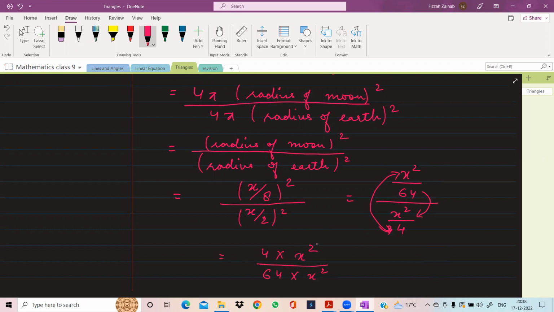So x square will again get cancelled out, right? So you get 4 divided by 64, which you can divide. So 4 into 1 and 4 into 16. So the ratio of their surface area is 1 upon 16. So that means if the surface area of moon is 1 unit square, then the surface area of earth is 16 unit square. Understand?